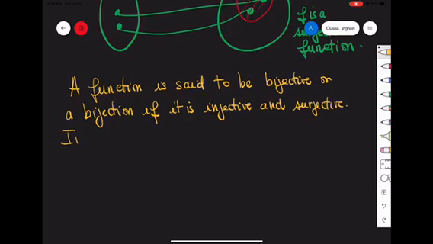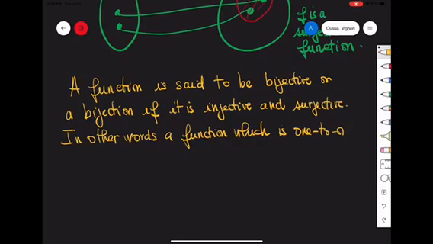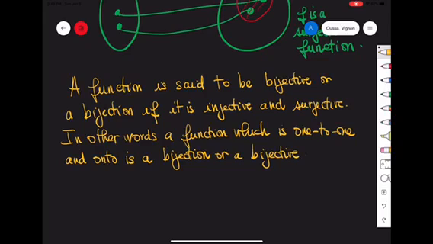In other words, a function which is one-to-one and onto is a bijection, or a bijective function.